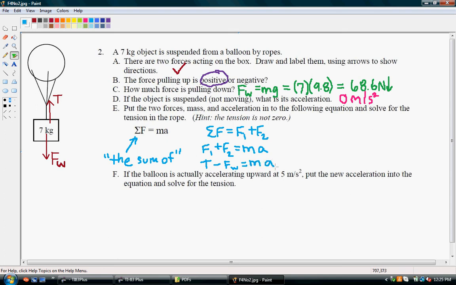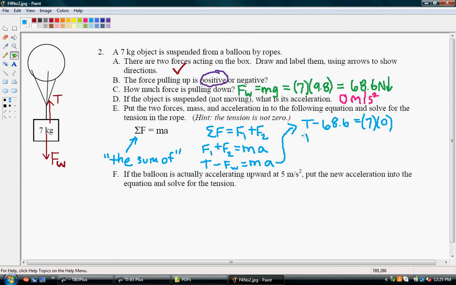times the acceleration. Alright, so now we can actually plug in our numbers. Tension minus the force of weight, which is 68.6, equals our mass, 7, times acceleration, 0.